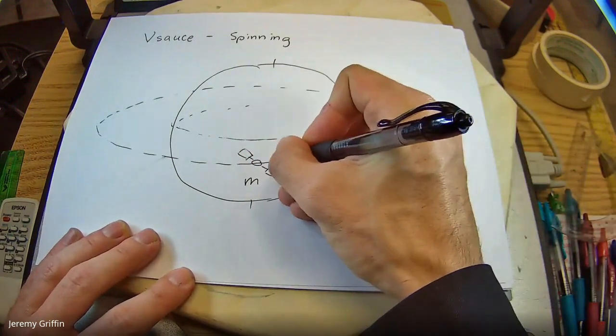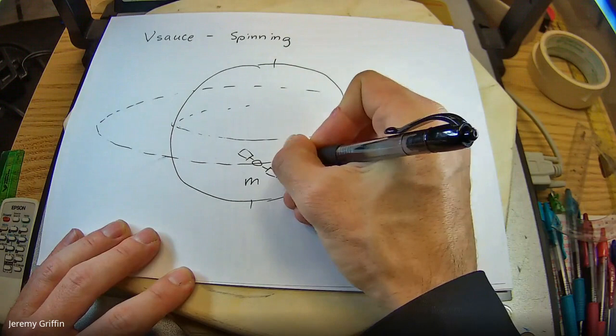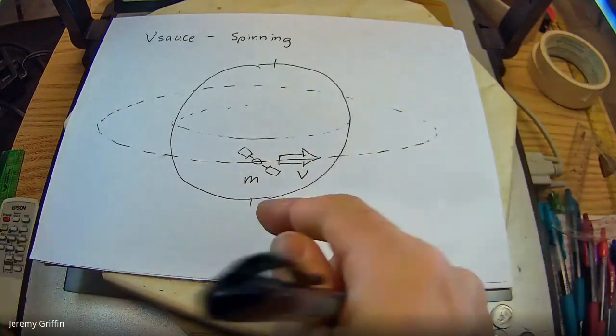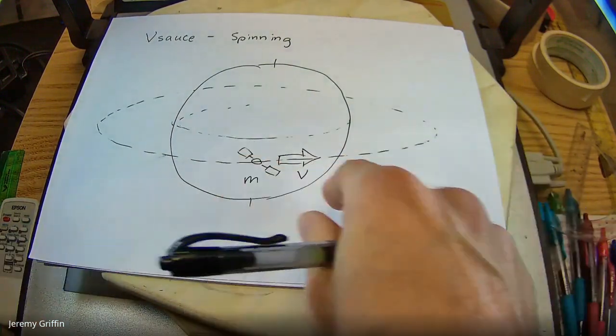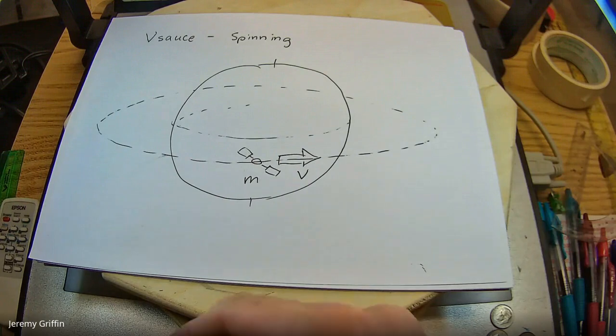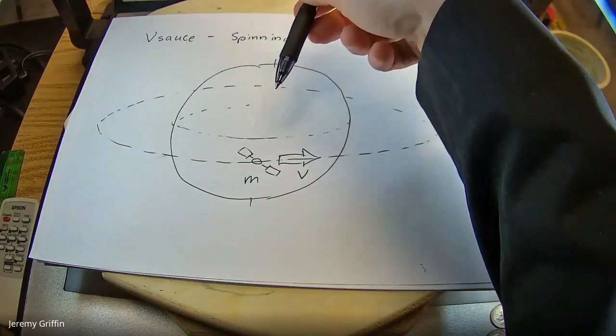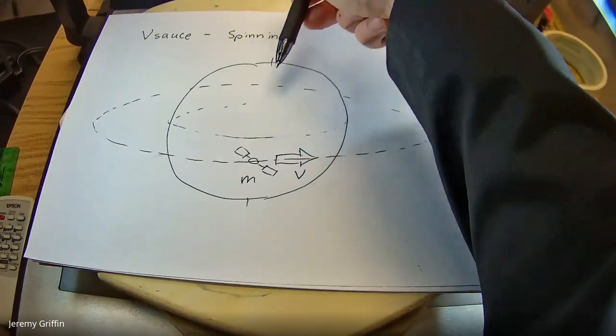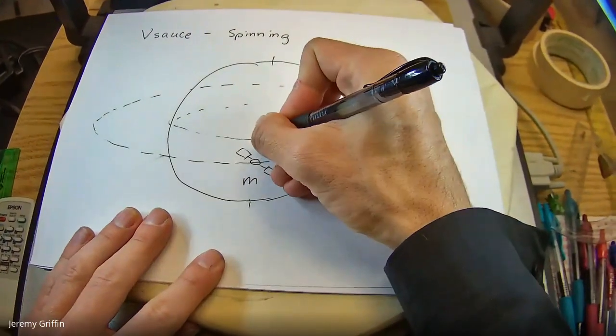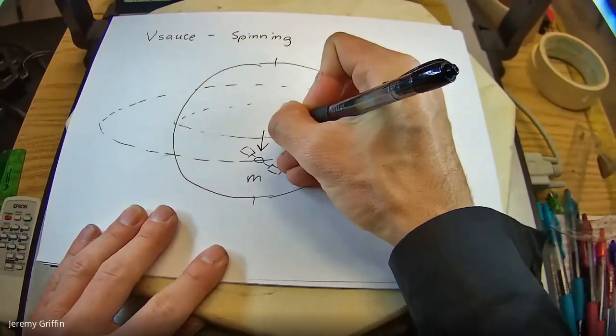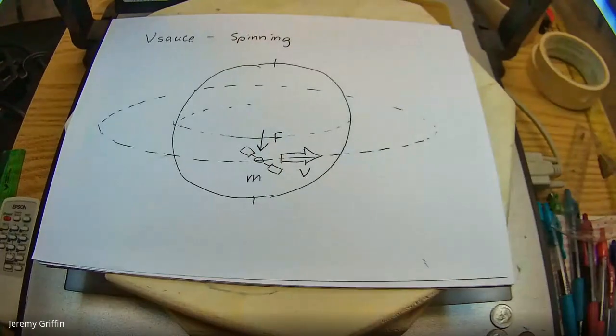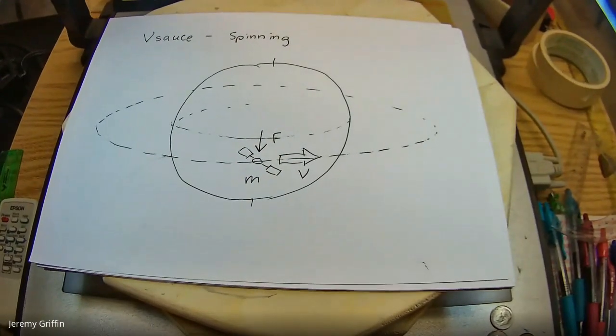It's got some mass, it's got some velocity, v. So it has some momentum at this point, doesn't it? All fine and good. Now, what if I come along and I give it a downward force? I give it a little bump. So I'm going to apply a downward force just right there, just instantaneously. What would that do to the motion of that satellite?